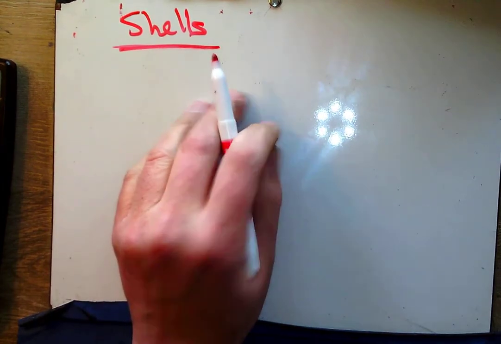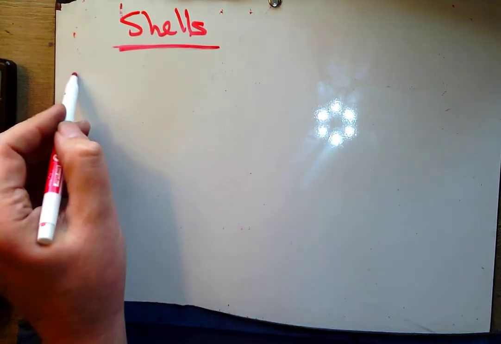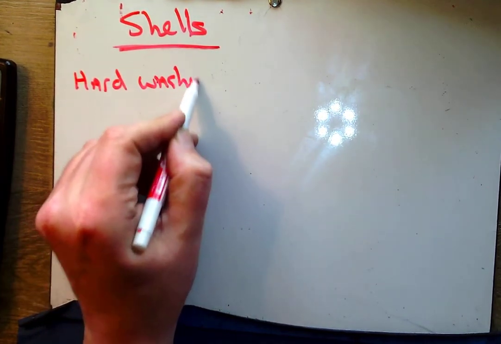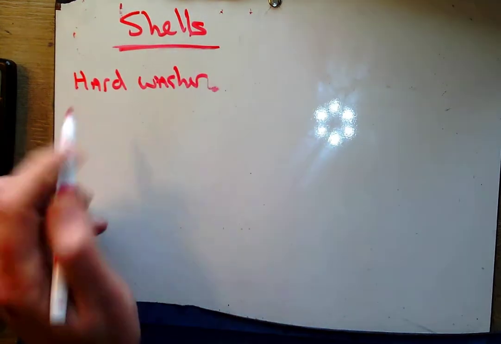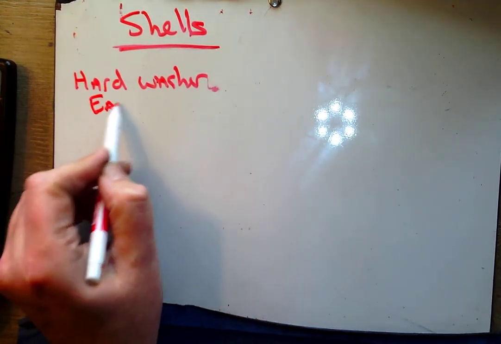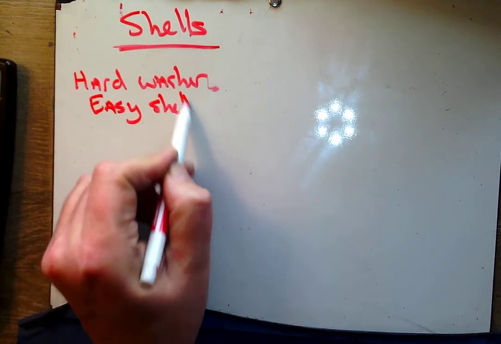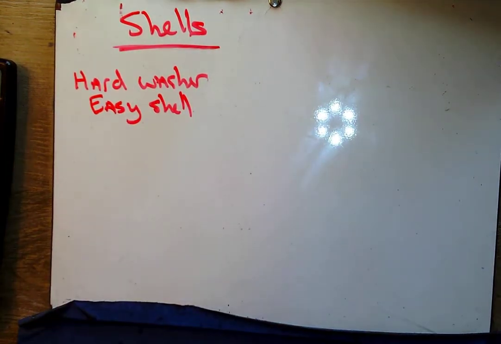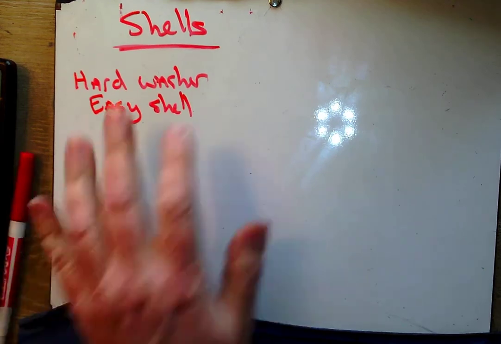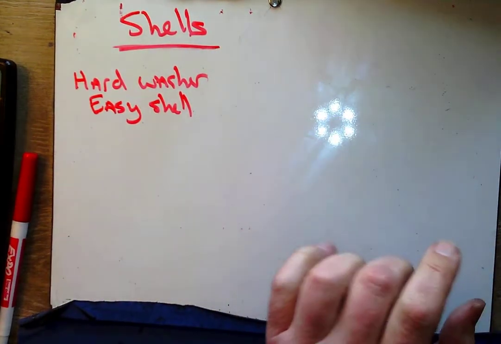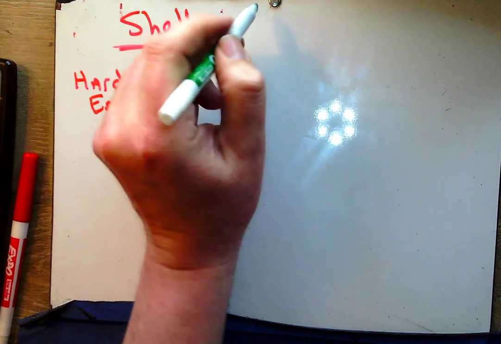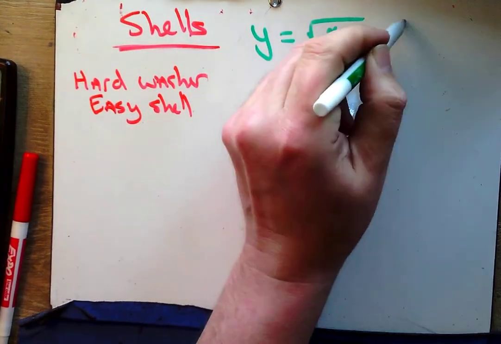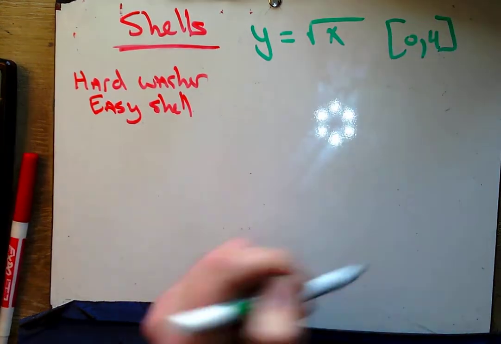What I'm going to say, though, is a hard washer is almost always an easy shell. Likewise, a hard shell is going to be an easy disk or washer. But this does allow us some flexibility. So let's take a look at what I'm talking about. Y equals square root of x on 0 to 4.